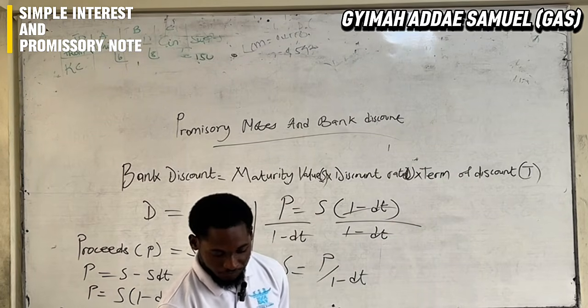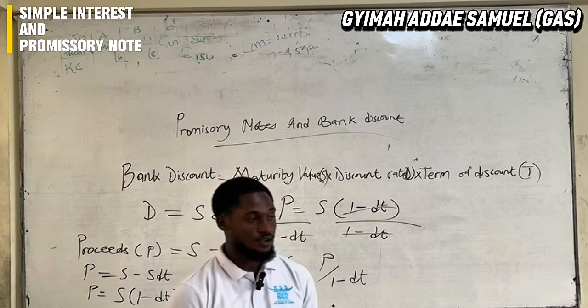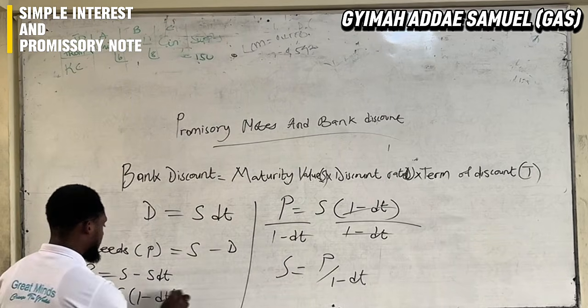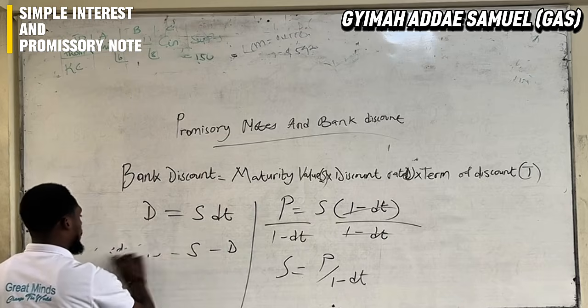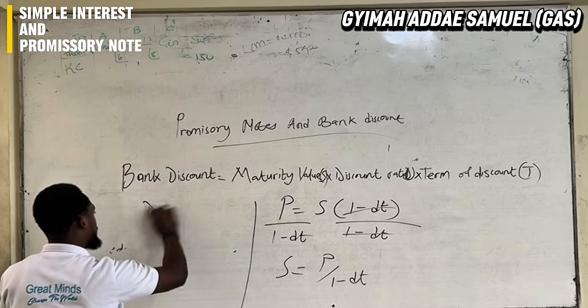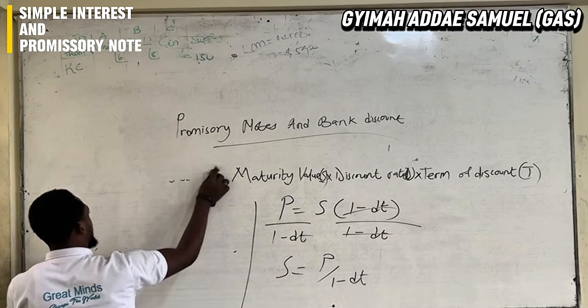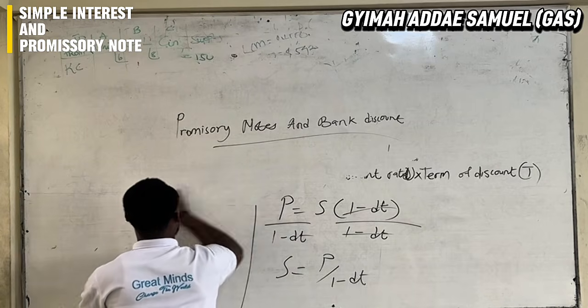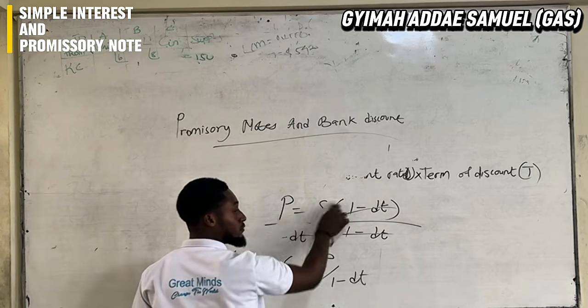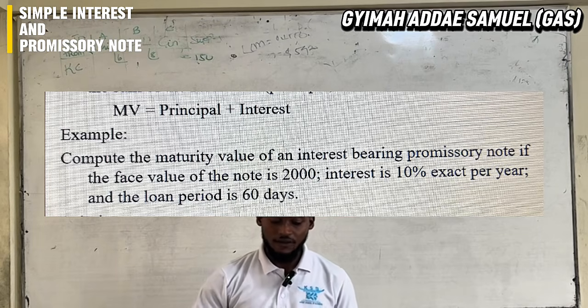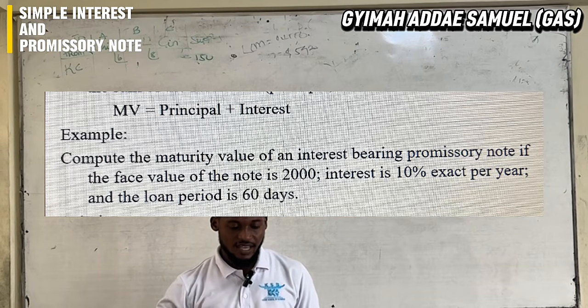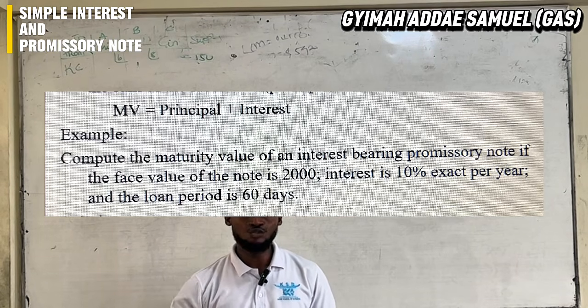So we have an example here. We are going back to solve an example, so let's see if you recall what we did in terms of maturity value. Compute the maturity value of an interest-bearing promissory note if the face value of the note is 2,000.